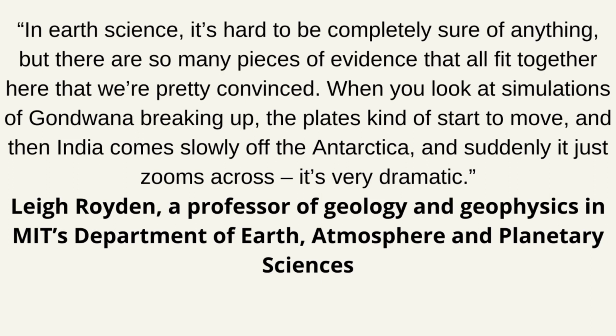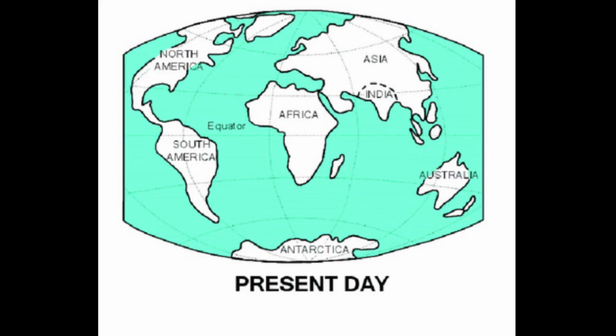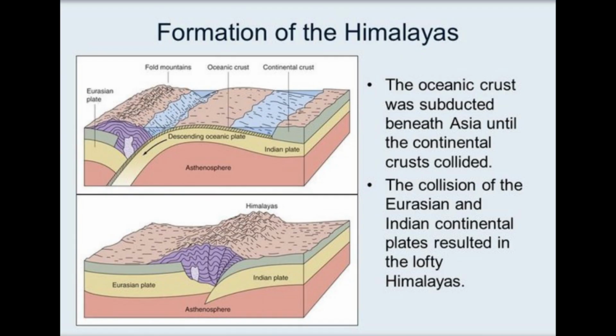When you look at simulations of Gondwana breaking up, the plates kind of start to move, and then India comes slowly off the Antarctica, and suddenly it just zooms across. It's very dramatic," unquote. Moving at this speed, about 50 million years ago, the Indian subcontinent collided with the stationary Eurasian plate in the north and brutally hit the brakes.